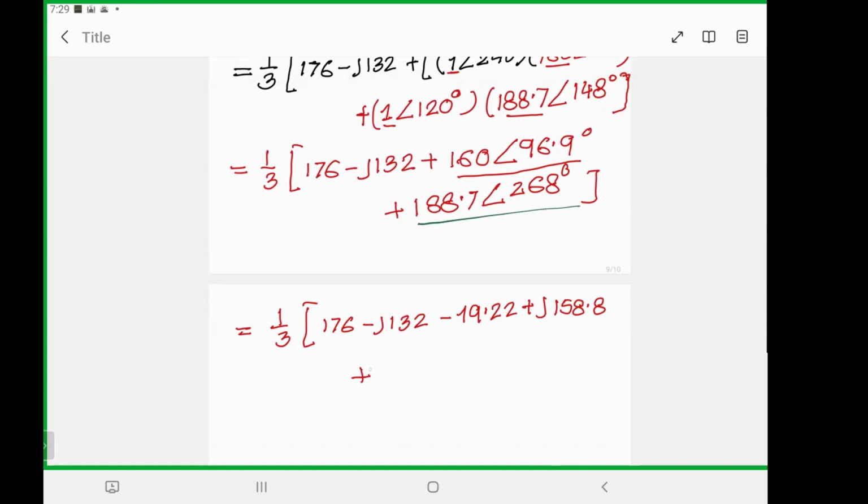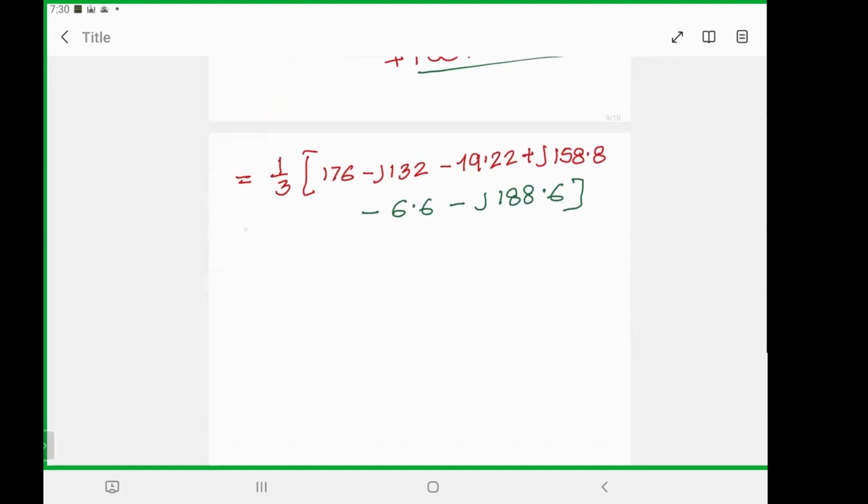And that would be 8.7 at 68, so minus 6.6, then minus J188.6.